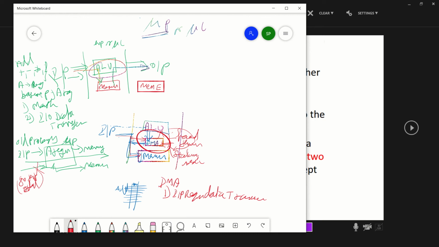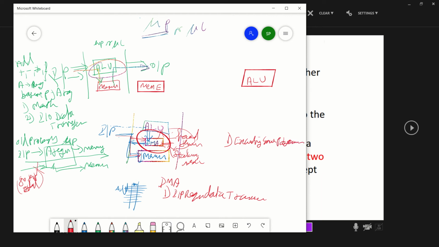Once again, I am going to repeat the entire process. Please focus again. This is the ALU, which is executing some program.